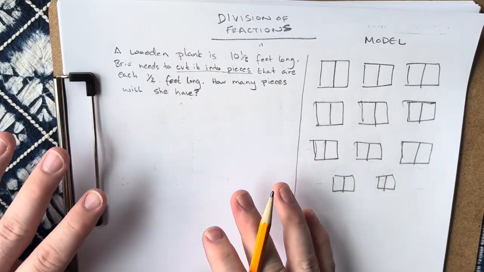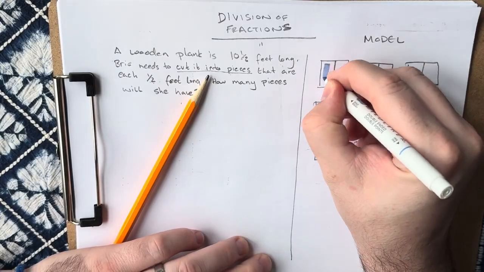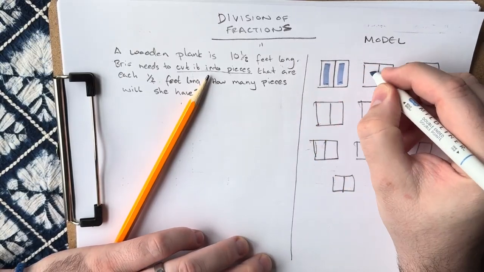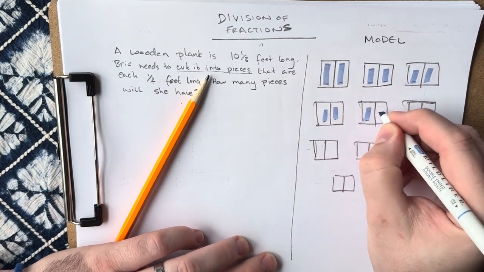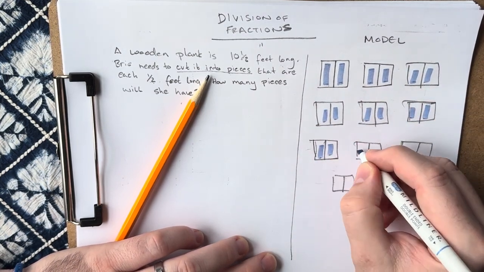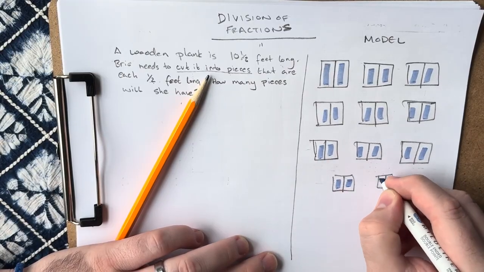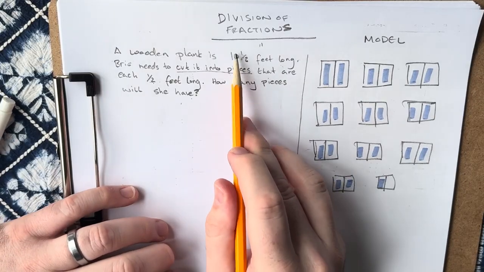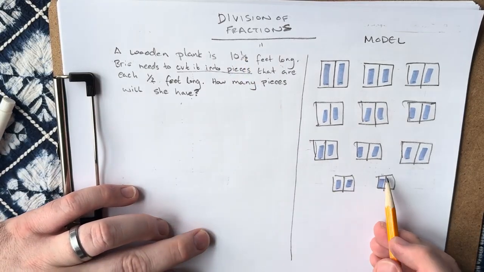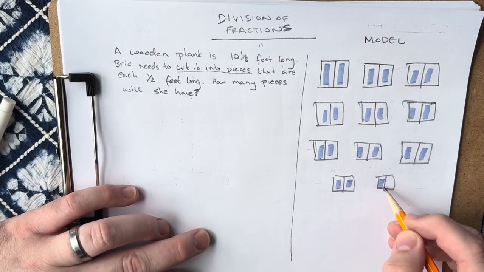It'll look really easy if we say that there's 1 plank, 2 planks, 3, 4 planks, 5, 6, 7, 8, 9, 10, 11, 12, 13, 14, 15, 16, 17, 18, 19, 20, 21, because we only have 10 1/2, half a plank. We do not have a full part here.